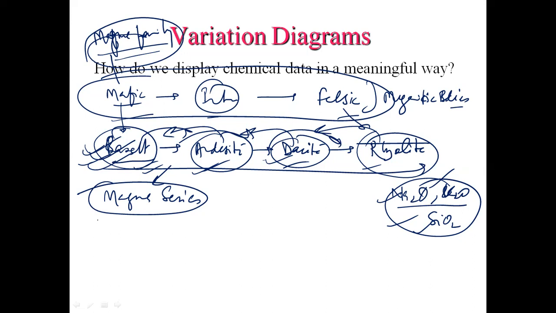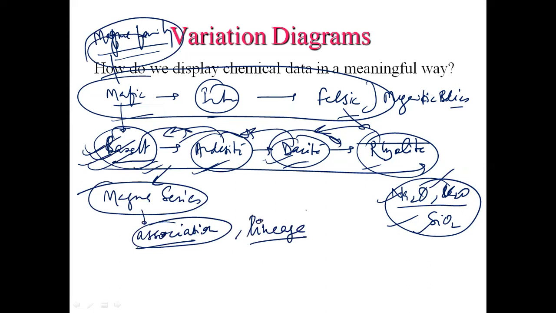Your magma series is also known by the name magma association, because it is a group. It is also known by the term lineage, because it creates a linear path of genetically evolved magma, which is genetically related with the previous magmatic body, just like episode number 10 is related with episode number 9 in the web series.